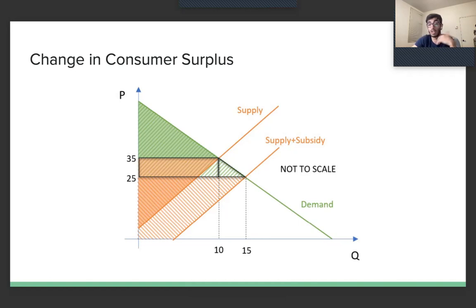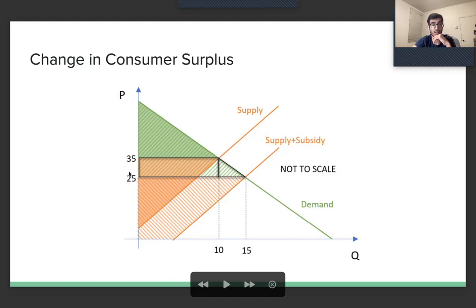And then let's say there was a subsidy, so that shifts the supply curve to the right. Subsidy is the opposite of a tax, so instead of shifting it to the left, it shifts it to the right. And now your new consumer surplus is this whole big green triangle with this light green part and this small orange part as well. It's just overlapping. So now you have a bigger green triangle.